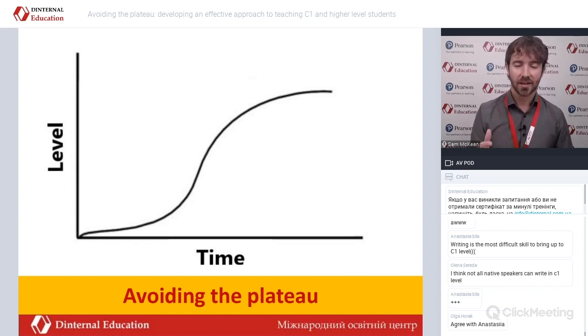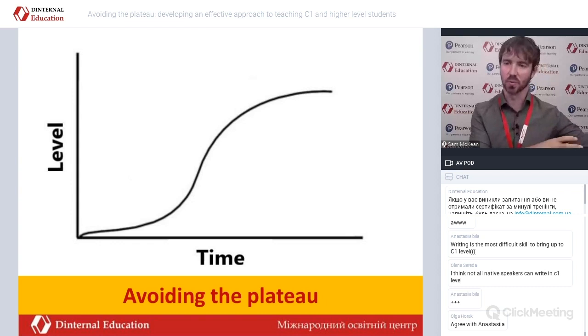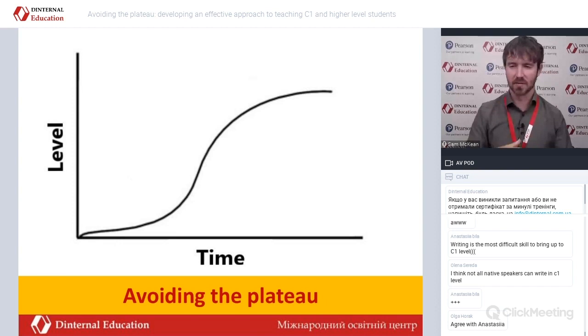However, when students reach higher levels, this development slows and becomes less obvious. Instead of learning whole rules, they are often learning exceptions to rules they learned in the past. And a lot of time is spent simply reinforcing what they already know.